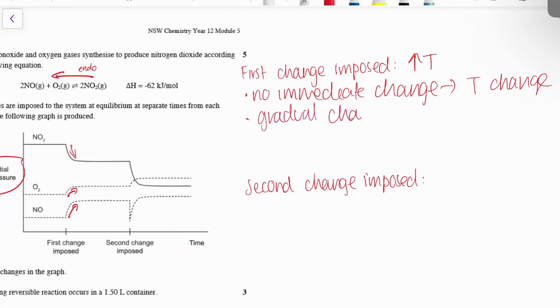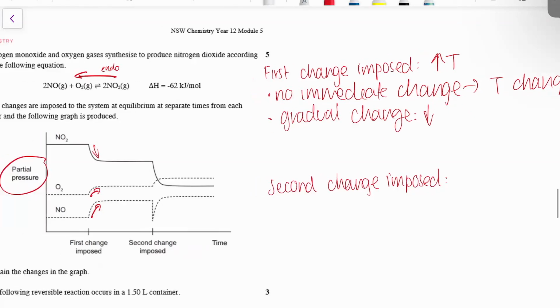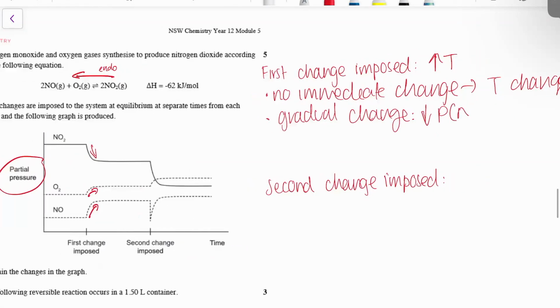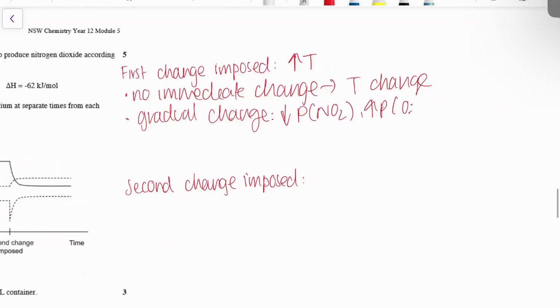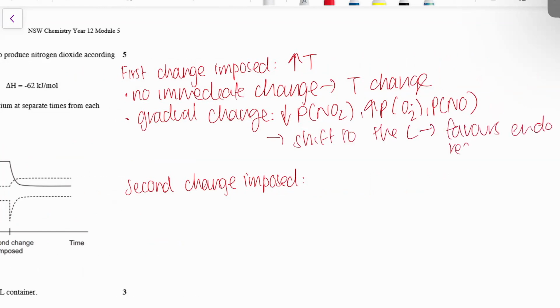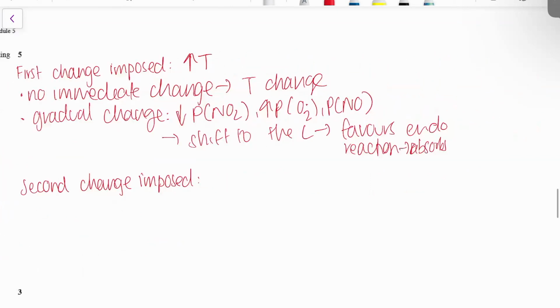Gradual change is there's a decrease in pressure of NO2, but pressure is directly related to moles anyway, and there's an increase in pressure of O2 as well as NO. This indicates a shift to the left, which favors the endothermic reaction that absorbs excess heat.